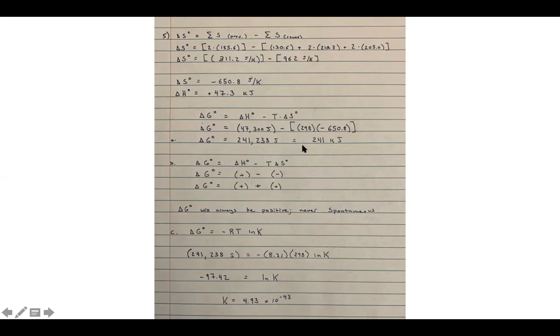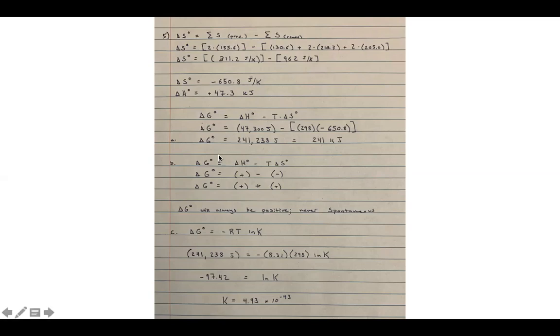What we find is that the change in Gibbs free energy for this problem is about 241 kilojoules. It's a really big positive number, and remember that positive values in thermochemistry indicate that this is not a spontaneous reaction.